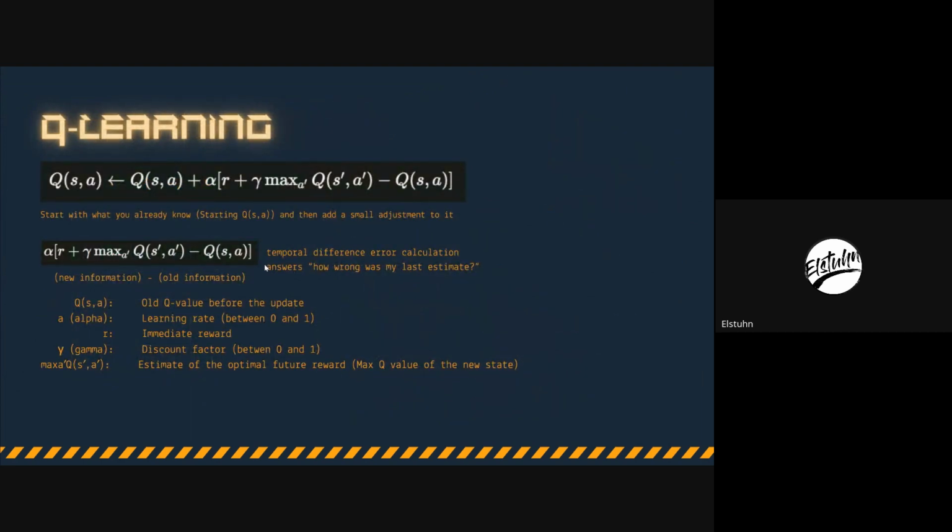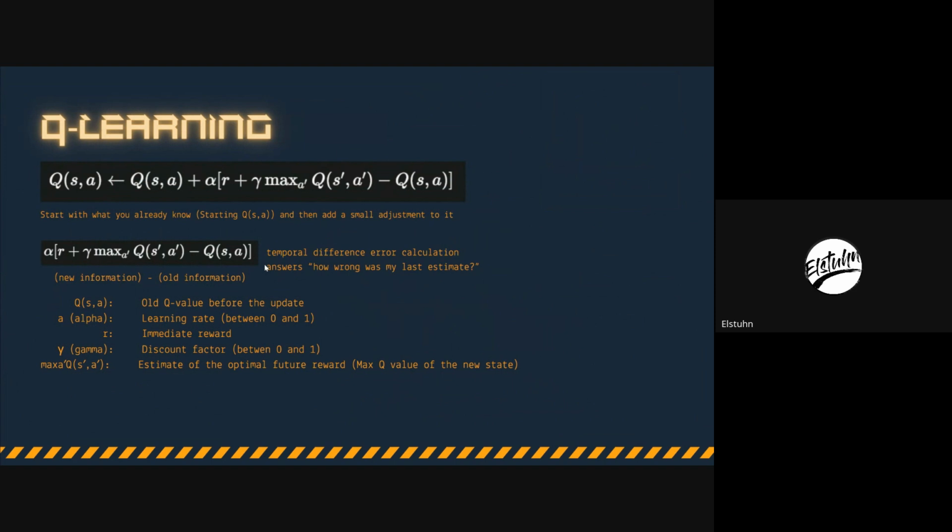Okay, let's talk about the Q learning formula. What this formula basically means is: start with what you know, the starting Q value in state S, taking action A, and then add a small adjustment to it.